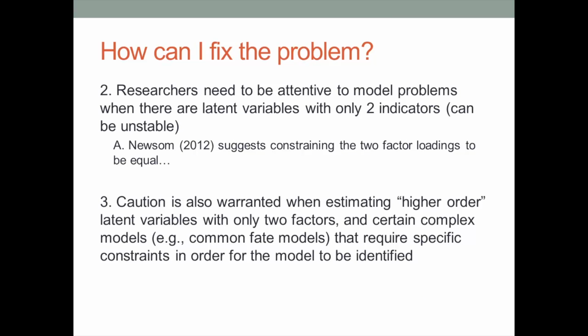When you have a model with two indicators, Newsom suggests that you constrain the two factor loadings to be equal, and that buys you a degree of freedom. It also may stabilize your model.